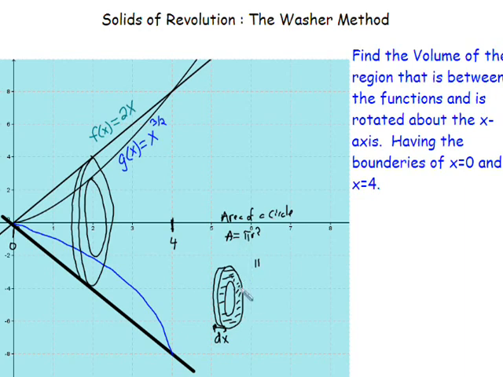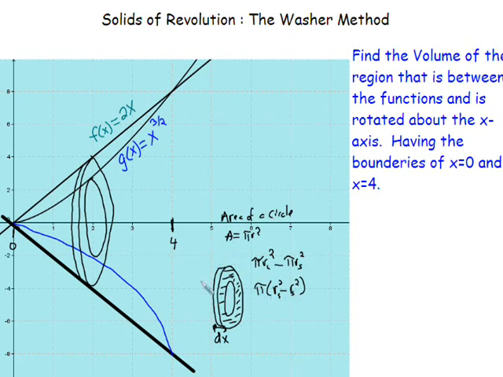But first of all, our job is to find the area of this, and that's going to be pi r squared of the larger circle minus pi r squared from the smaller circle, and we can factor out the pi, and that's just going to give us r squared minus r squared, and we can call this one R_L, larger, and this one R_S, smaller. But these are going to change to become functions.